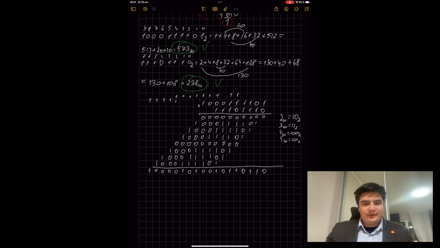To confirm accuracy, we'll convert this binary result back to decimal, by summing the values on the first, second, fourth, fifth, seventh, 10th, 12th, and 17th powers of 2.